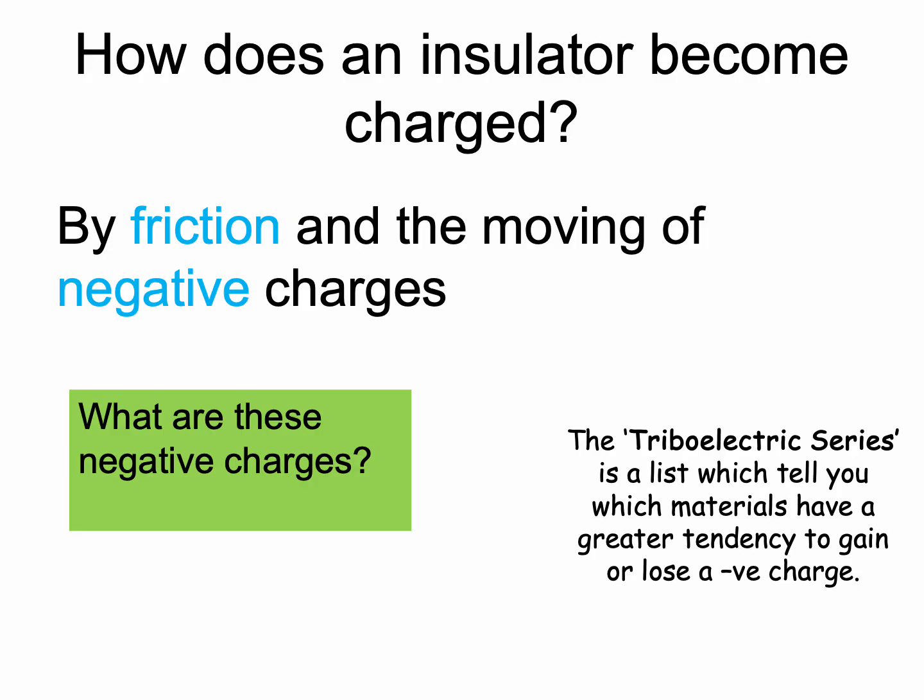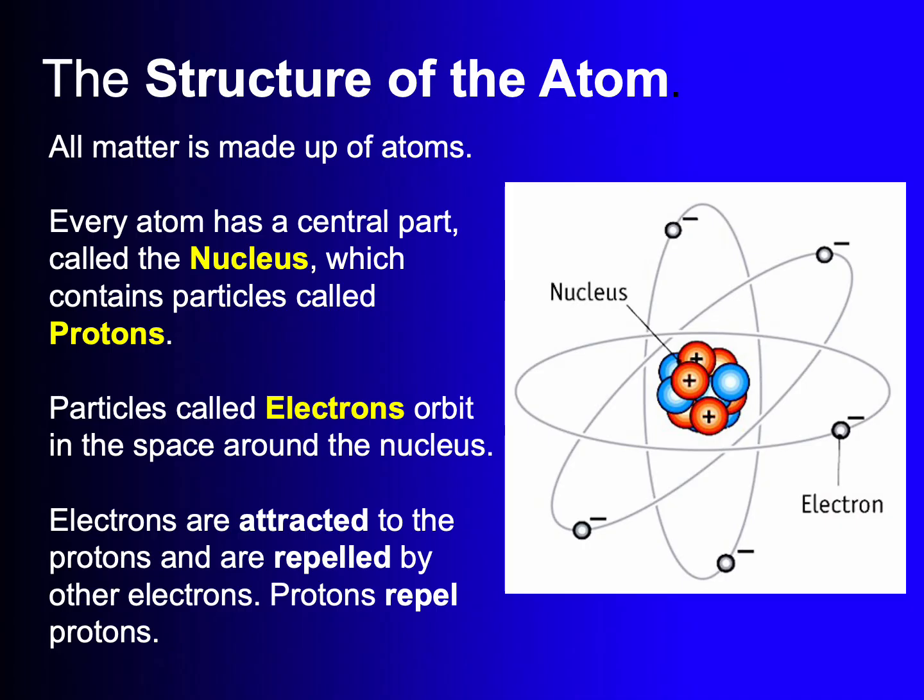So there's a series in chemistry called the triboelectric series. It tells you which materials have greater tendency to gain or lose negative charges. Some are better than others. So what are these negative charges there? They are the electrons, okay? So into the atom, back to Junior Cert science here again, we have everything is made up of atoms.